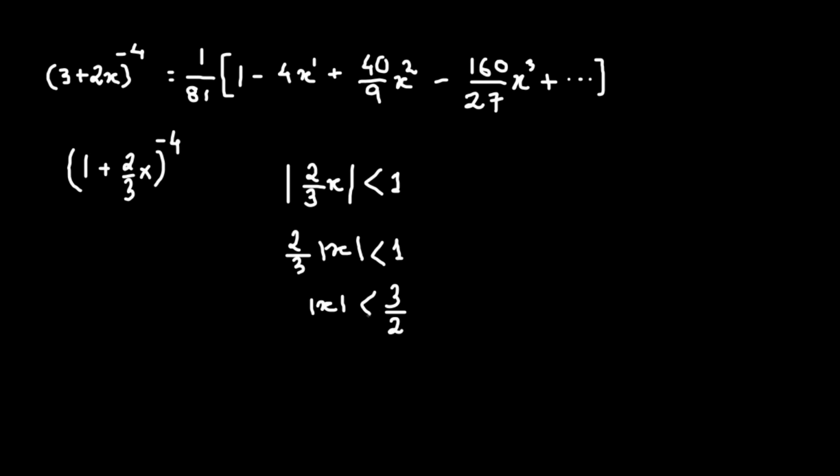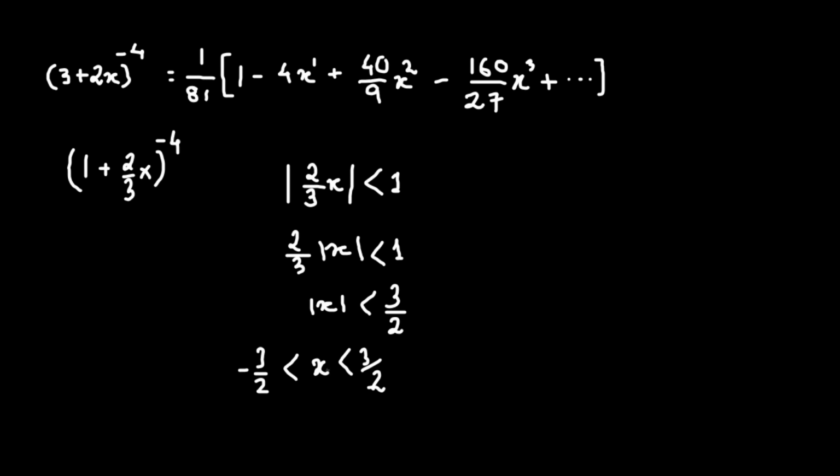So this is the condition, that the absolute value of x must be less than 3 over 2. Or we can simply write that x lies between negative 3 over 2 and positive 3 over 2. So this is the radius of convergence of x. For all values of x lying between these two extreme values, the given expansion will be valid.